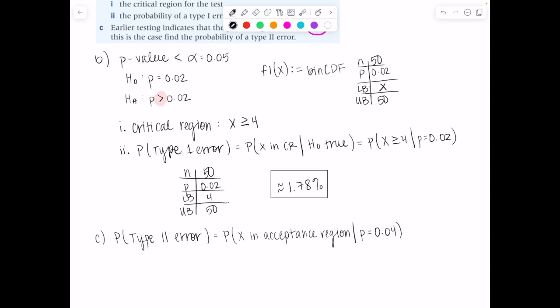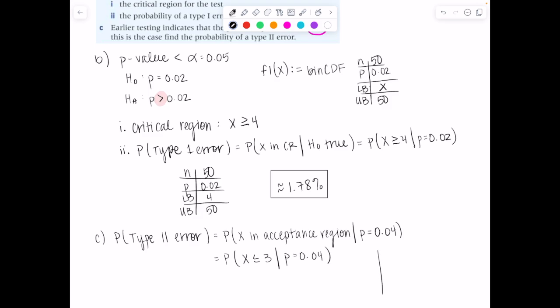And so since our critical region was greater than or equal to 4, our acceptance region is the opposite of that, which is less than or equal to 3, given the probability of 0.04.